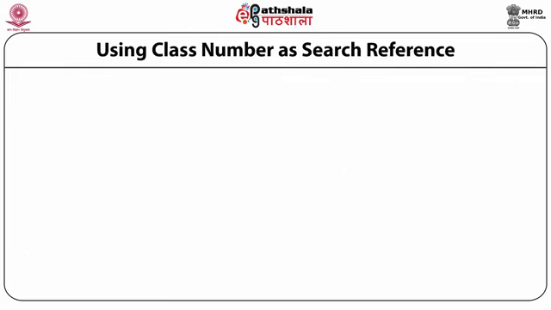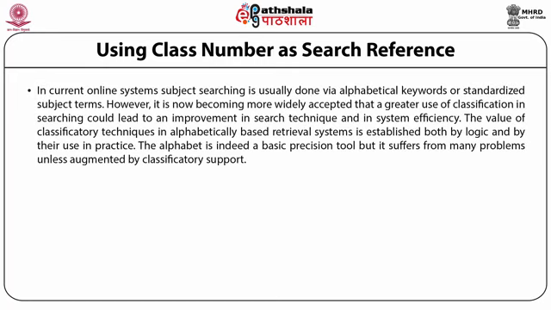Using a class number as a search reference in OPACs or in databases. In current online systems, subject searching is usually done via alphabetical keywords or standardized subject terms. However, it is now becoming more widely accepted that a greater use of classification in searching could lead to an improvement in search techniques and in system efficiency, that is, to retrieve more relevant items and decrease the noise.